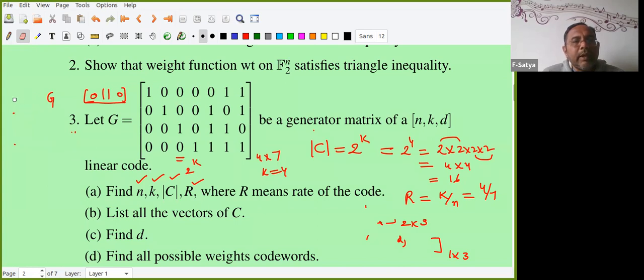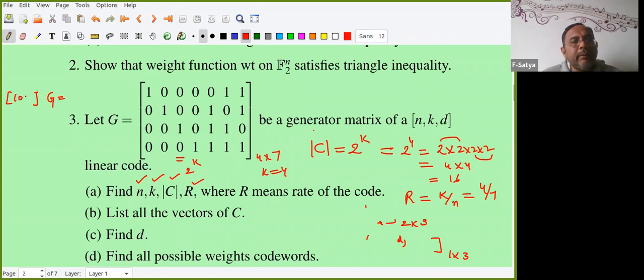So can you tell me what vector I have to multiply here so that I get the first row? Are you following? What do I have to multiply to get the first row? Not clear.